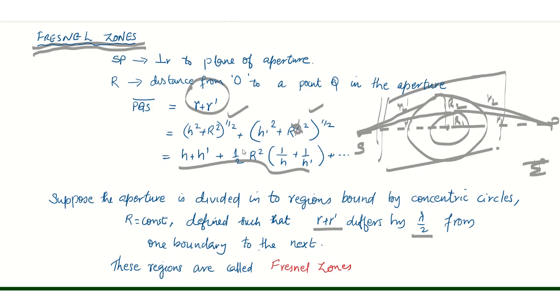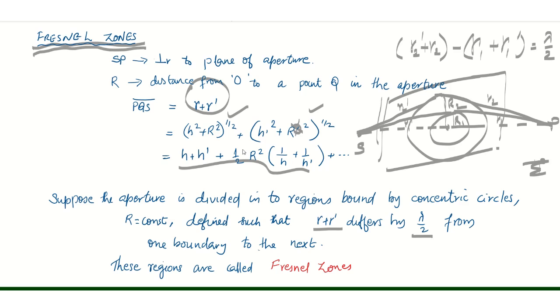What it says is the difference in R, or the radii R1 and R2, are chosen such that R2 prime plus R2 minus R1 plus R1 prime, it's a physical division, let's say.